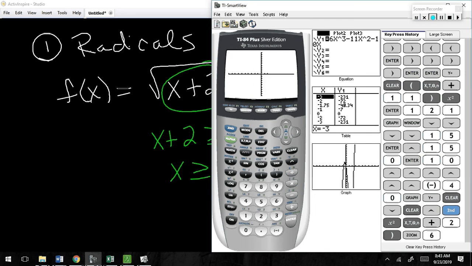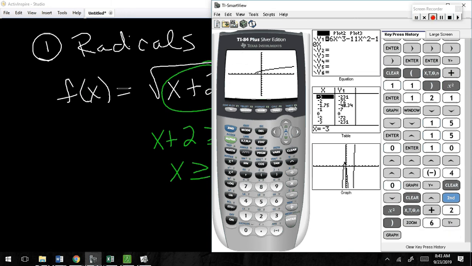I'm going to do a zoom 6 on it, which is a 10 by 10 window. Y equals, second, x squared. Now I've got the square root of x plus 2. I hit my zoom 6, and this is what my graph looks like.